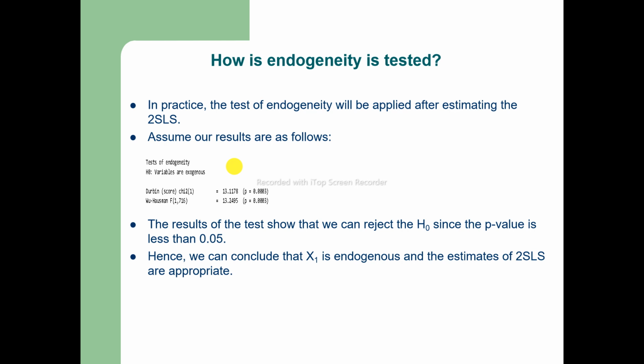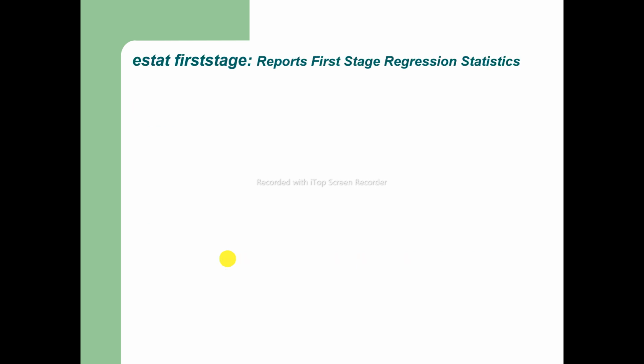Since these values are less than 0.05, we conclude that variables included in the model are endogenous rather than exogenous. So the results of the test show that we can reject H naught since the p-value is less than 0.05. Hence, we can conclude that x1 is endogenous and the estimates of two stages least squares are appropriate.